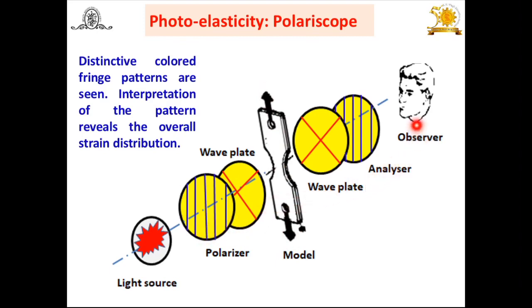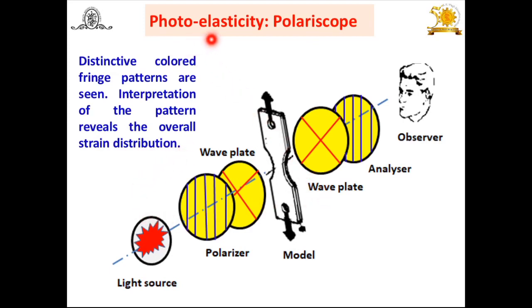Here is the observer, here the polarizer, which is also the analyzer, and this is the light source. The light passes through the polarizer and the transparent model, which is subjected to load, and there is an arrangement of loading also. The observer can observe distinctive colored fringe patterns, and interpretation of this pattern reveals the overall stress distribution.